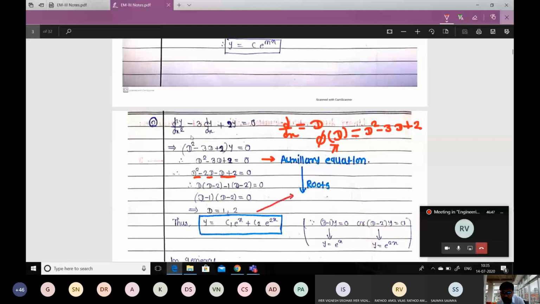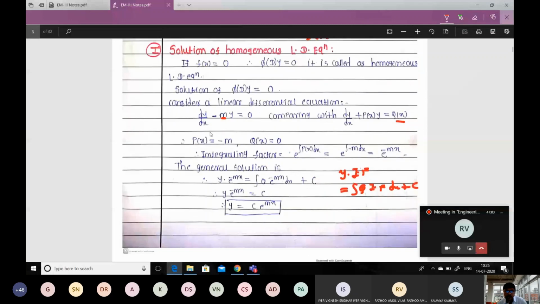Let me remind you of the last example. Corresponding to this factor, this is one kind of factor, having root m. If you consider this differential equation, I can write this as (d minus m) times y equal to 0, and therefore after getting the auxiliary equation we get d equal to m, that is nothing but the root.